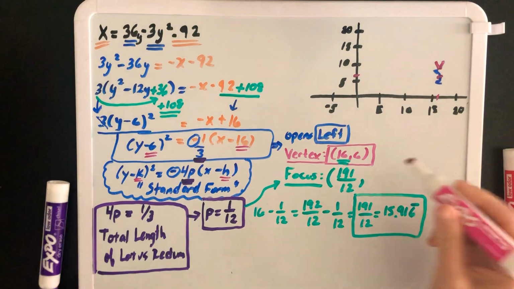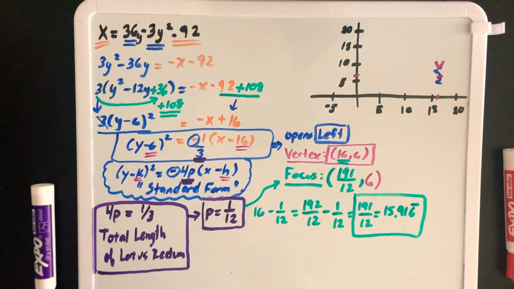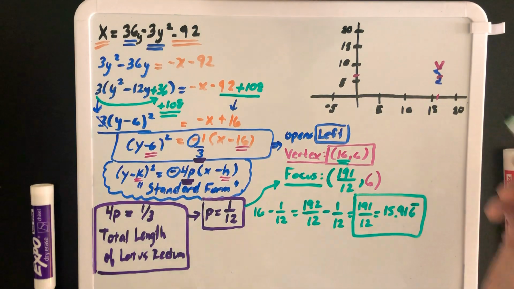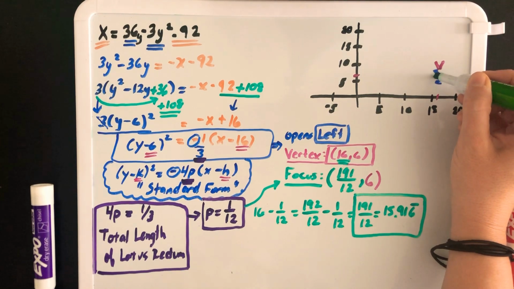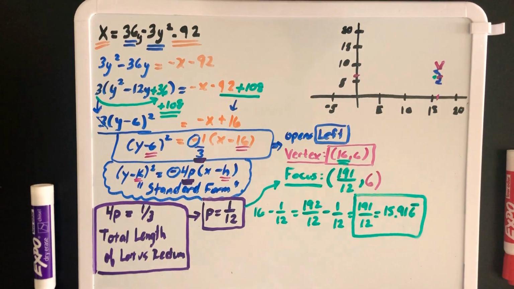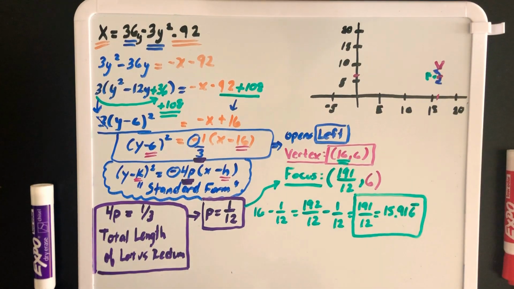Still at 6, because you're starting at your vertex and you're moving 1/12 to the left. Okay, so showing that on my picture, that's not very far at all. So if this was 16, I'm not even at 15. I'm really, really, really close. This is where my focus would be, right? It's kind of hard to see that because it's so close.